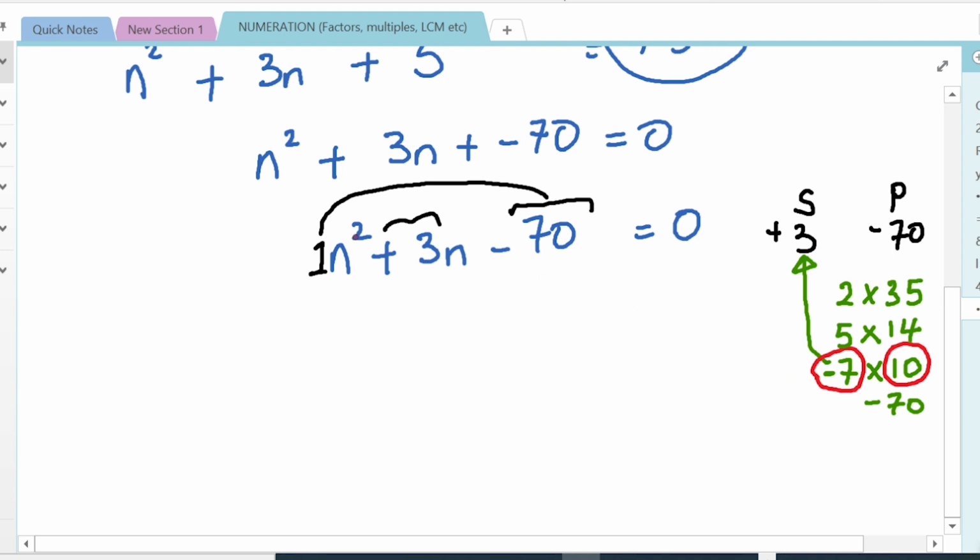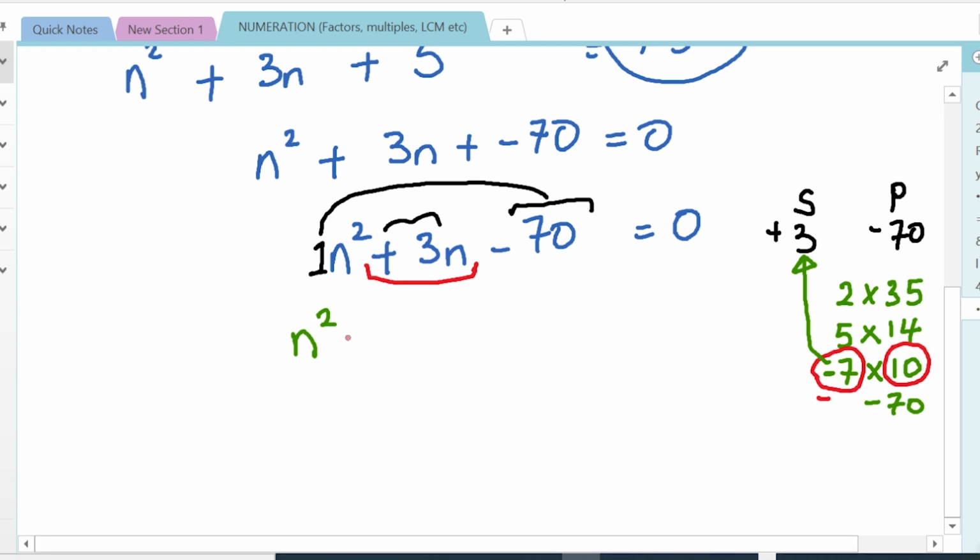So we get those answers and we are going to use them to displace the middle part. So this is going to instead become like this. It becomes n squared. Then the middle part, which is plus 3n, is going to be substituted by our roots, these ones here.